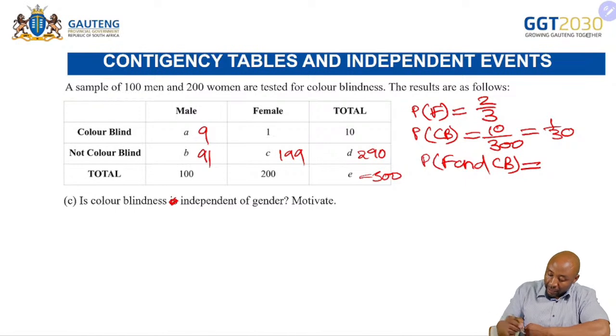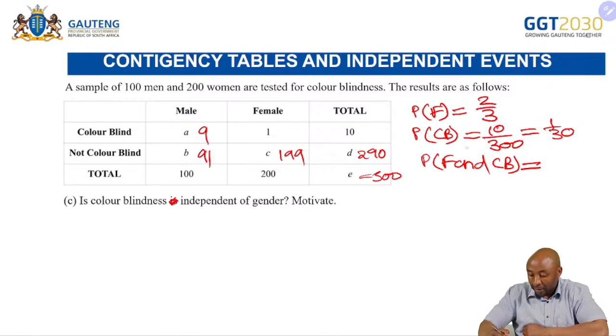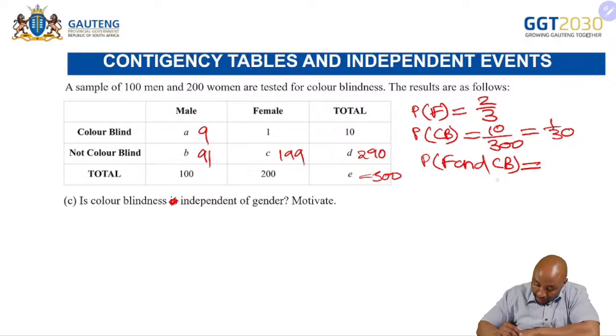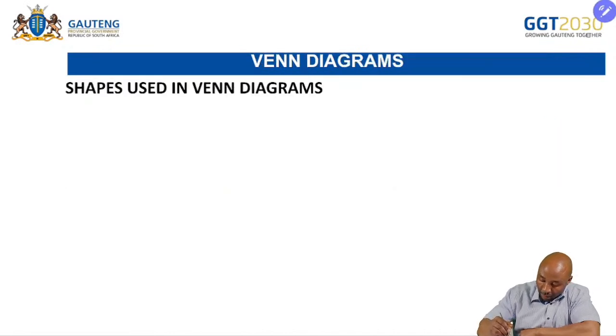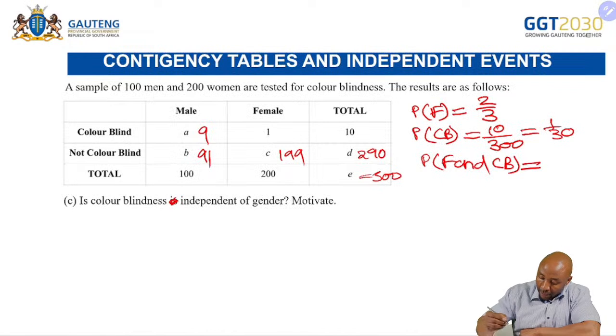We want to find out, is it independent of gender? So that is why I'm using this, because I've already answered this, so it's easier for me to use this. I want to check if the probability of being female and colorblind, this would give me female and colorblind. I got 1/300.